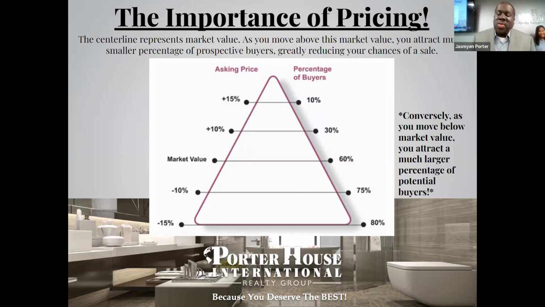Okay, so basically, I was just reading where it says, conversely, as you move below market value, you attract a much larger percentage of potential buyers. And what we know is that it's about bringing a larger group of people to see the property and to bid on the property, because the more people you have, the higher the bidding goes up. People get excited.